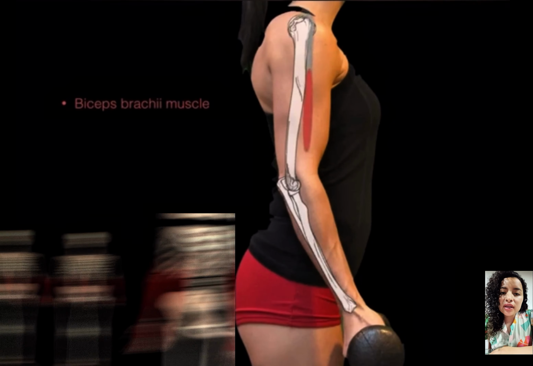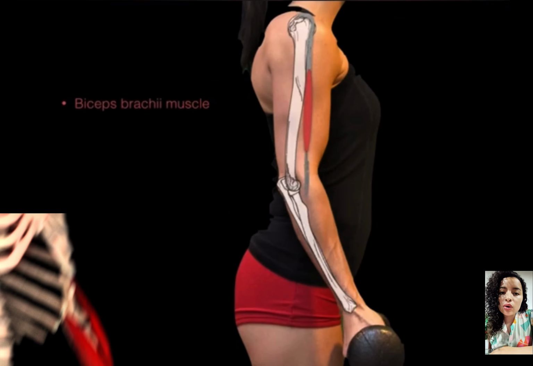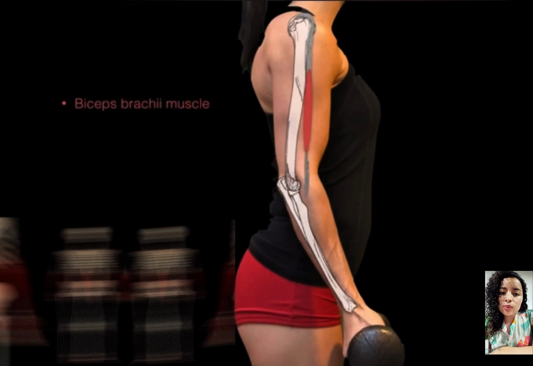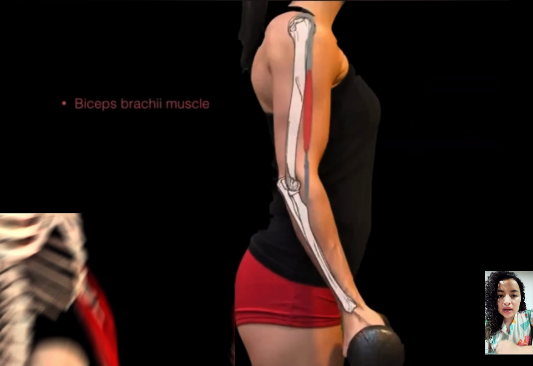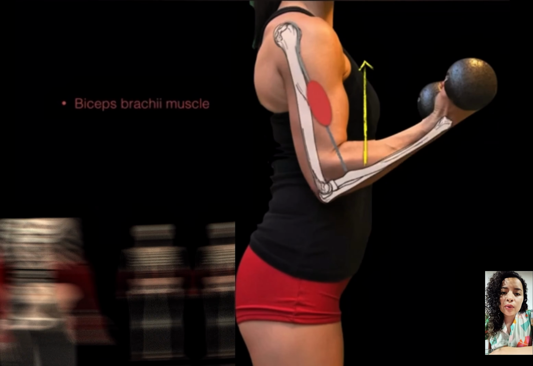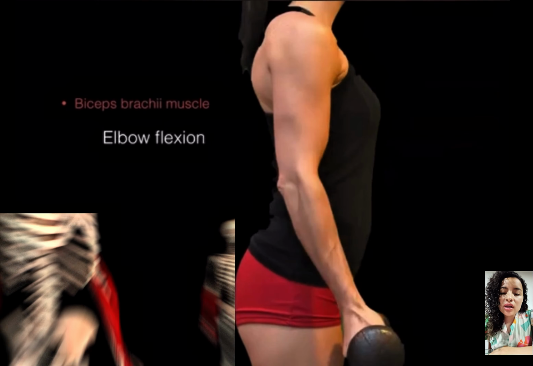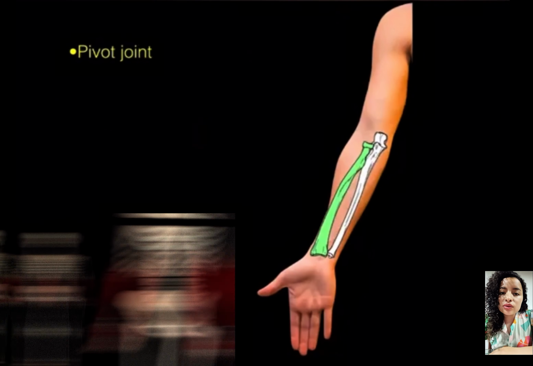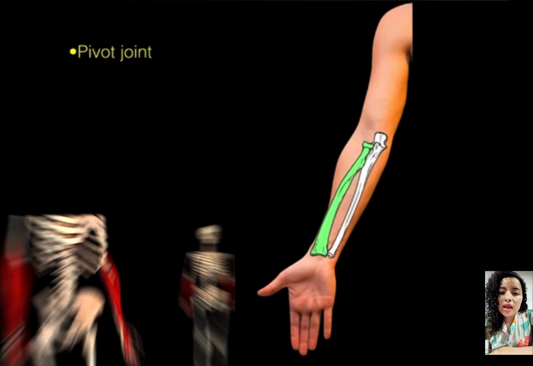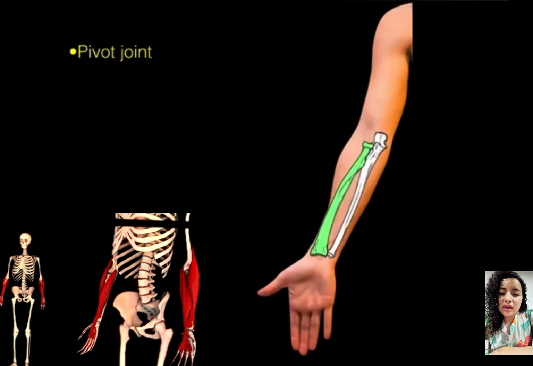Because it's the long head of the biceps that goes through the groove, it is also called the bicipital groove.